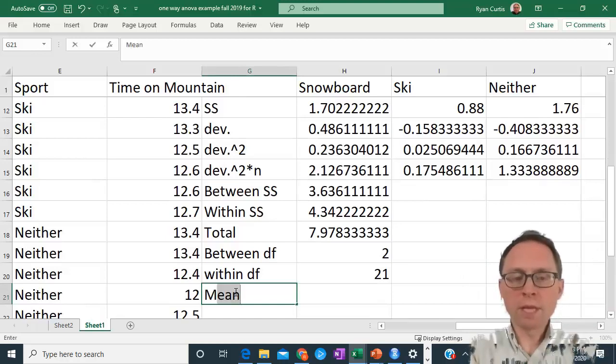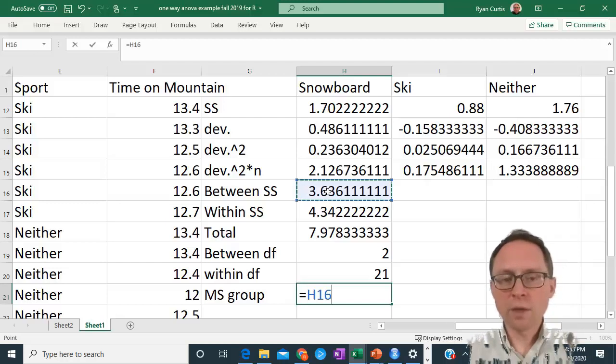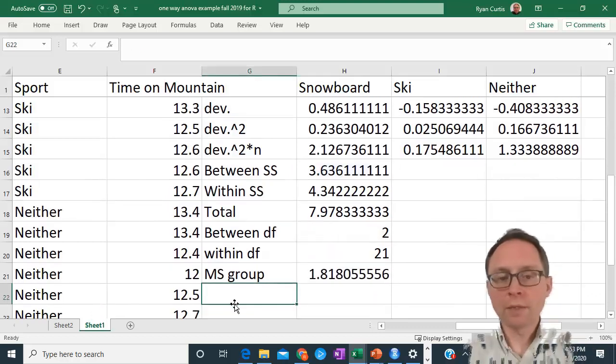Therefore, the mean square for the group is the between sum of squares divided by the between degrees of freedom. That's 1.818.